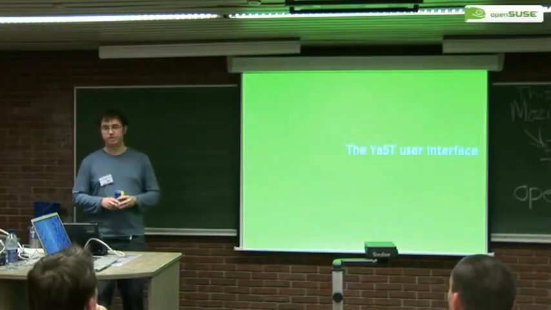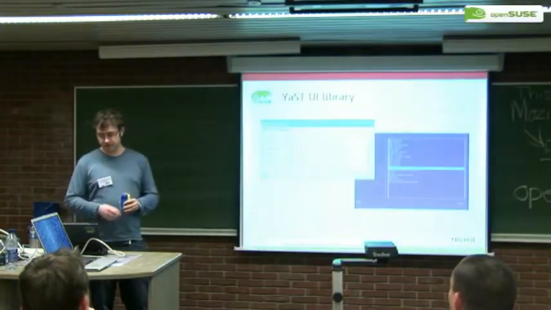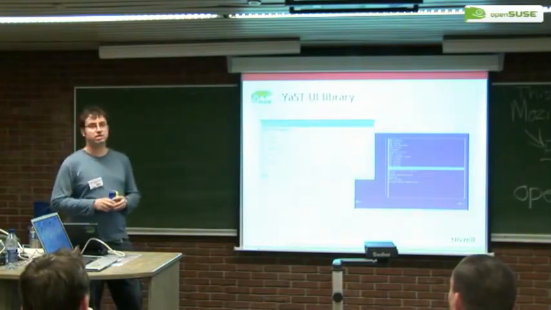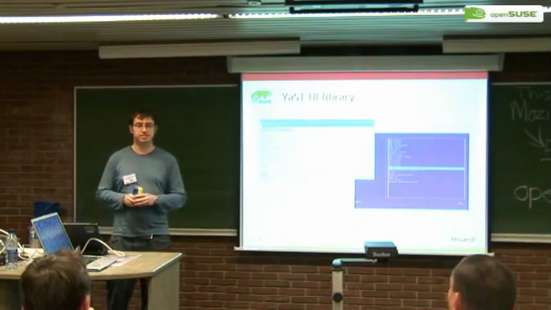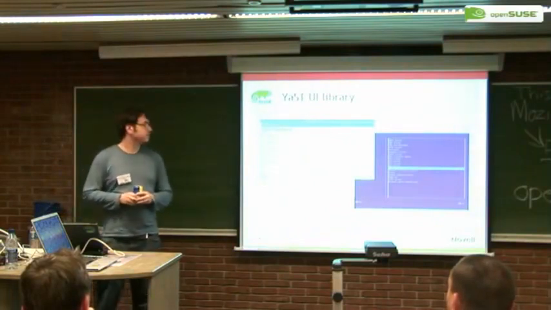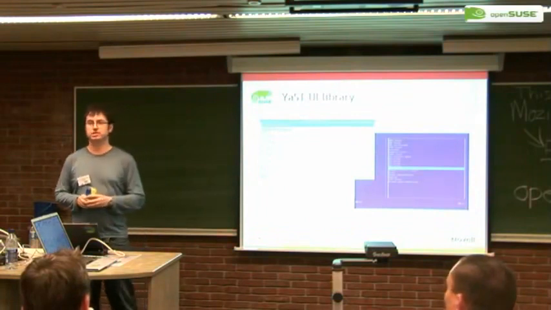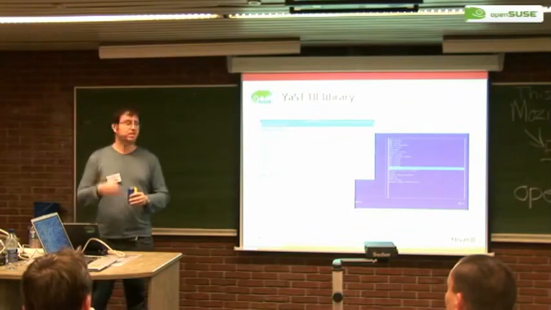So, what about the user interface? As you know, YaST provides this ability to write the module once, and you can see it in ncurses, GTK and Qt at the same time. Since one week, we split this library out of YaST, which was a quite long process of one year.